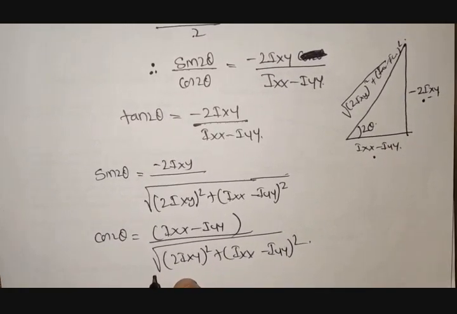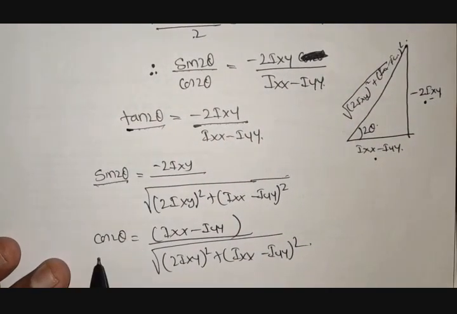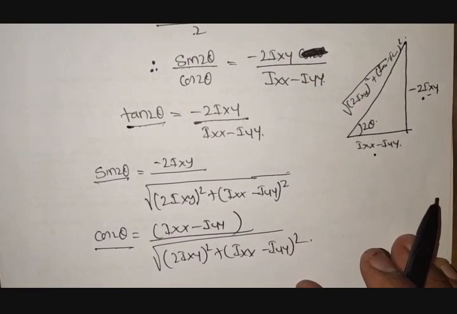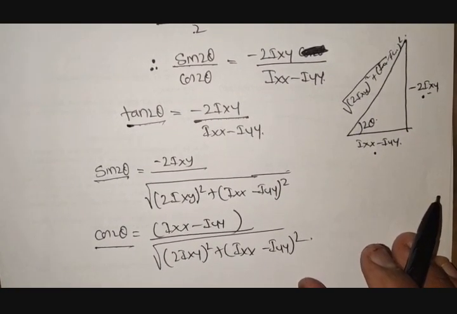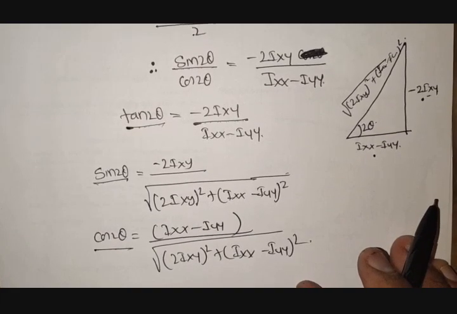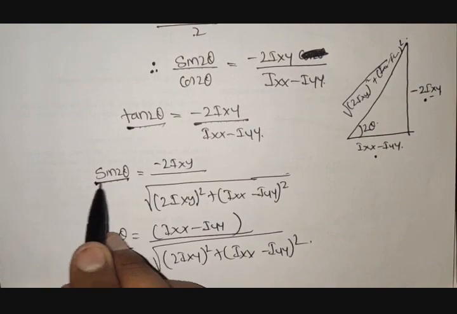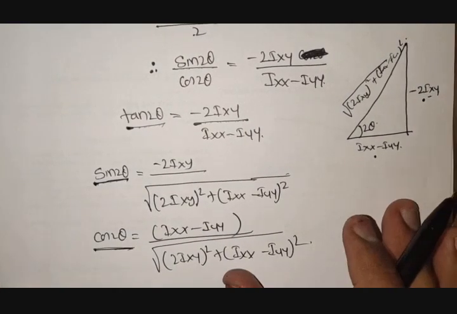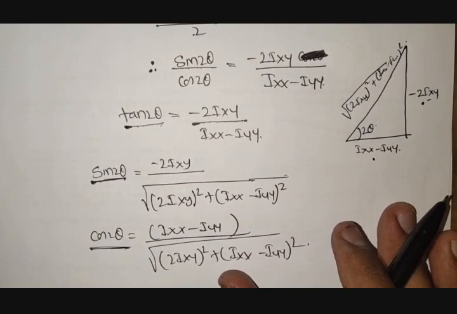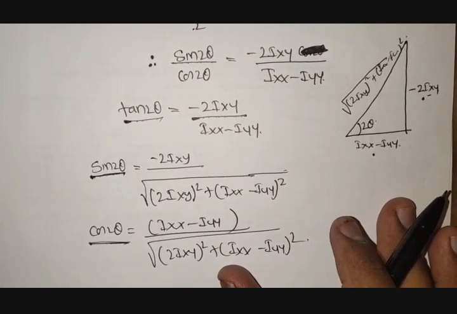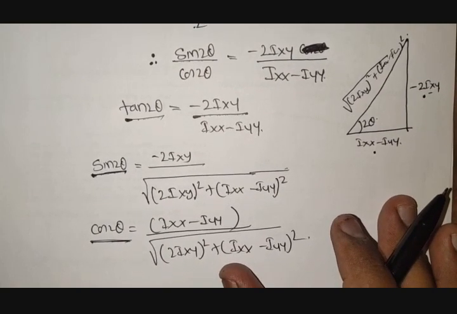So from this principal axis we have found tan 2 theta, sin 2 theta and cos 2 theta. Now we have to get the maximum moment of inertia. If we substitute the values of sin 2 theta and cos 2 theta in the expressions for Ixx dash and Iyy dash, equation number 3 and equation number 4, we will get the required values.